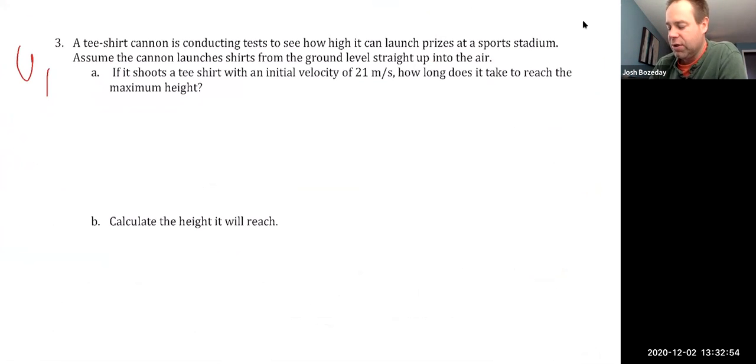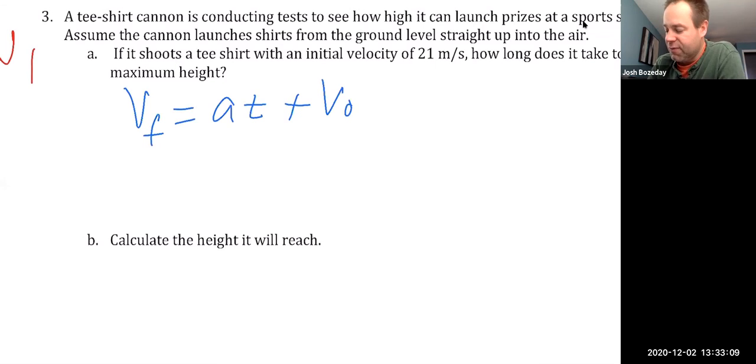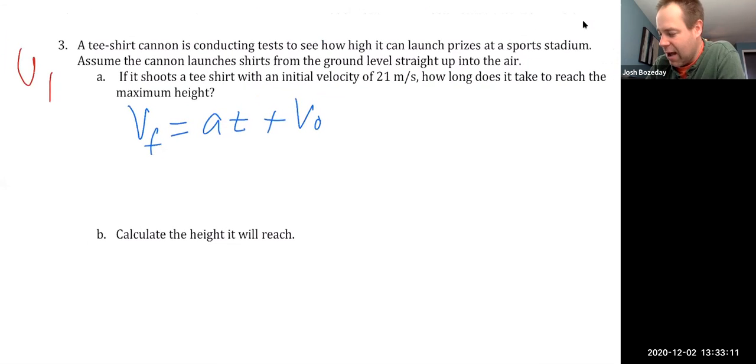So the equation that I just showed us is this one: v equals at plus v0. And this v is vf, remember? You can always put that f in there just to help you remember that it's the final. It's asking us, how long does it take to reach the maximum height? So it's asking us to solve for time. That's our unknown. So we've got to know all these other values. Let's see if we can figure them out.